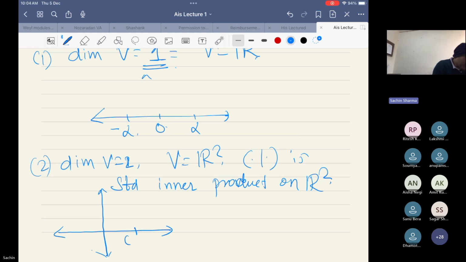So let us say this is alpha, (1,0). And so you should have (-1,0), right? And then you take (0,1), which is the beta, and you'll have minus beta, (0,-1). Does it satisfy all the properties?